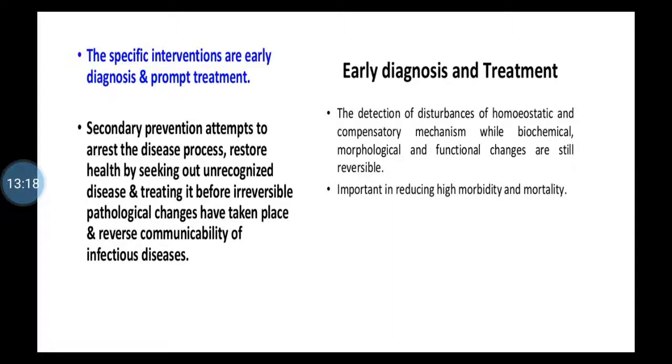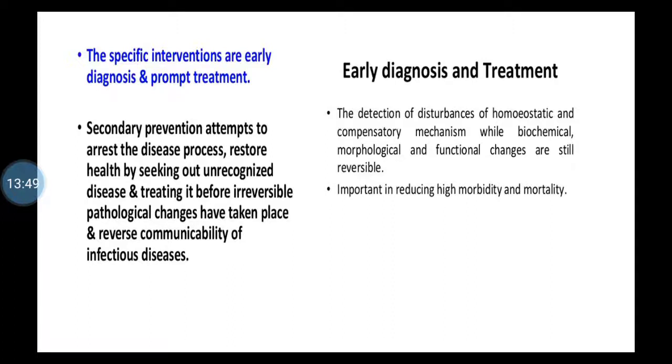Now, the detection of disturbance of homeostatic and compensatory mechanisms, while biochemical, morphological and functional changes are still reversible, is important in reducing high morbidity and mortality. So these are the advantages of secondary prevention, that it reduces morbidity rate and mortality rate.